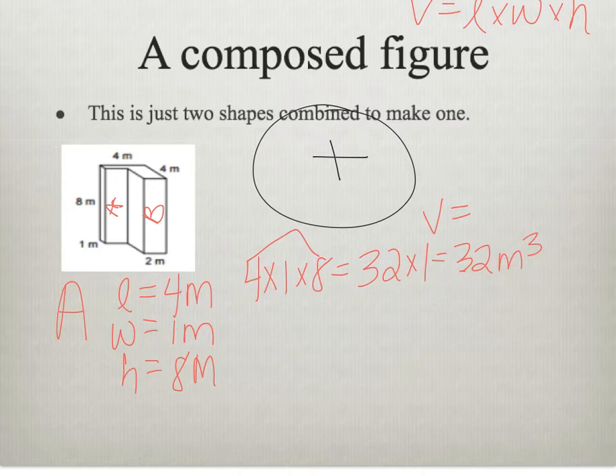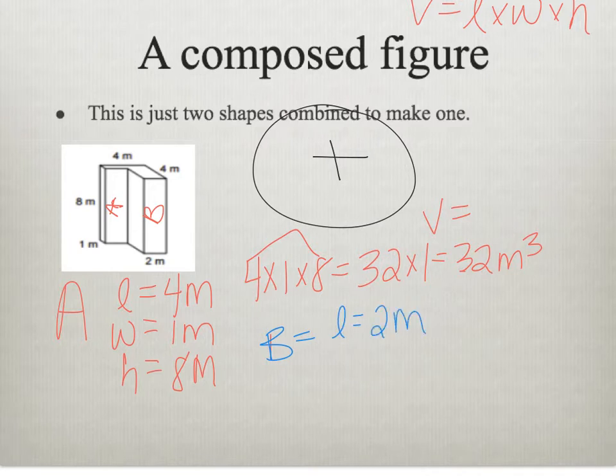Now let's look at shape B. Okay, so I know that the length, let me do it in a different color here. The length of shape B is right here. This is 2 meters.